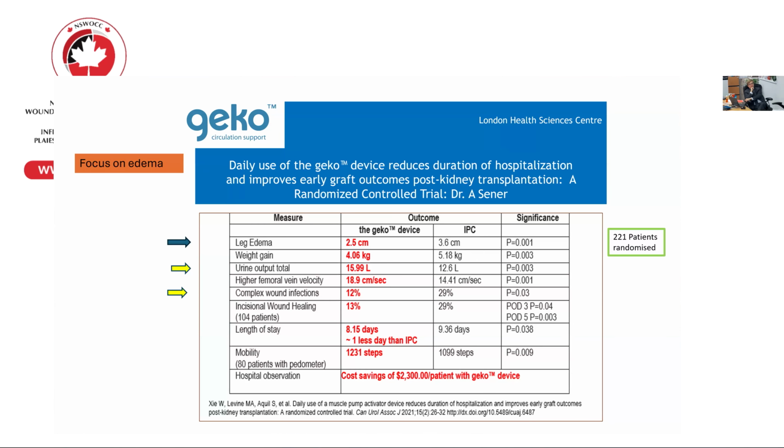You had higher femoral vein velocity with the device, and when you looked at wound infections, the rate was 12% with the Gecko and 20%. So these were patients all post-kidney transplant or post-kidney and pancreas transplant. And the results are really quite remarkable.